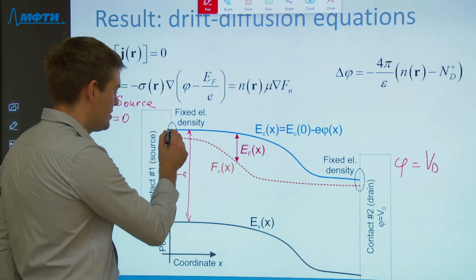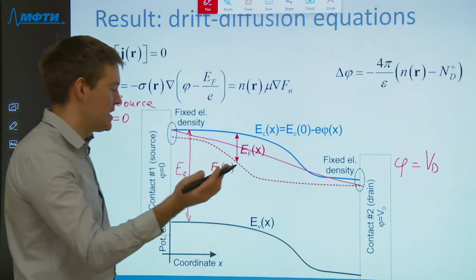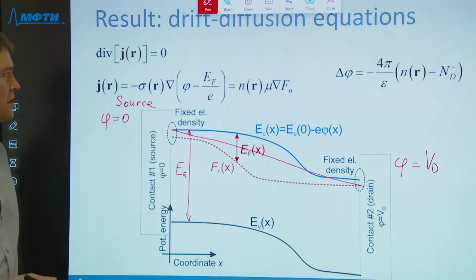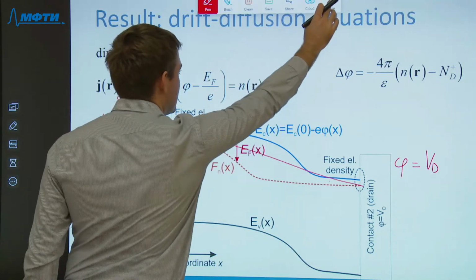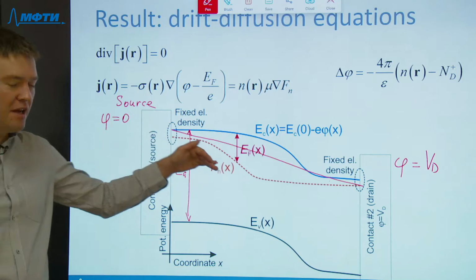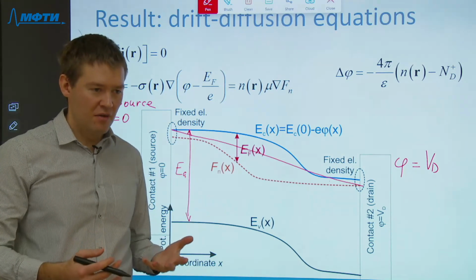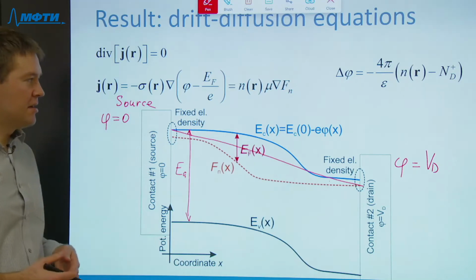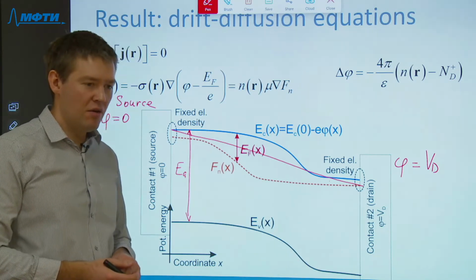It doesn't necessarily bend itself uniformly. Of course, we could draw a straight line, but we cannot trust ourselves that the real solution of the transport equation would give us a straight line, because there can be some effects of charge build-up if the sample is non-uniformly doped, and so on.